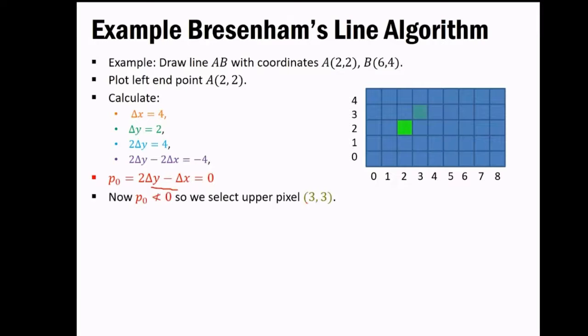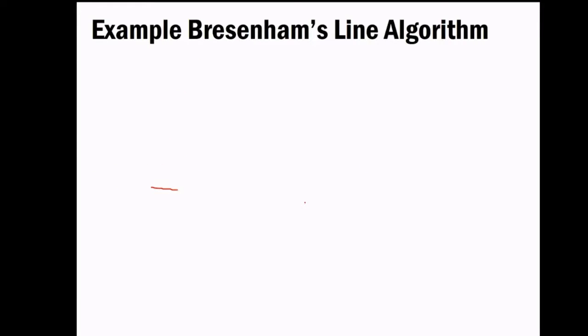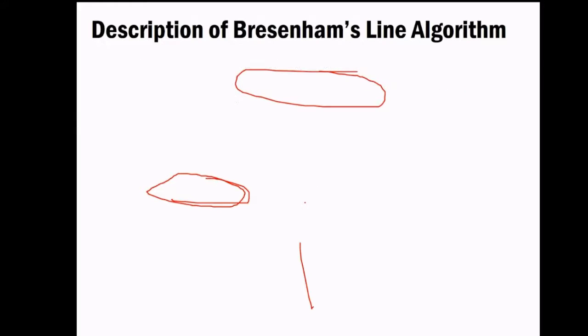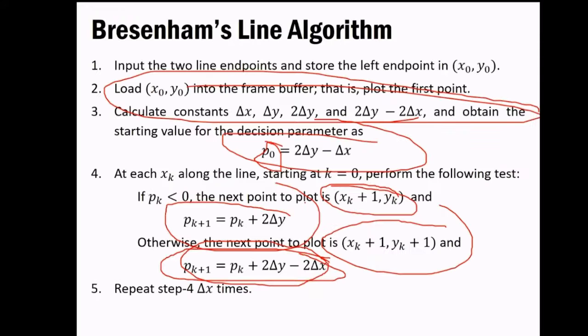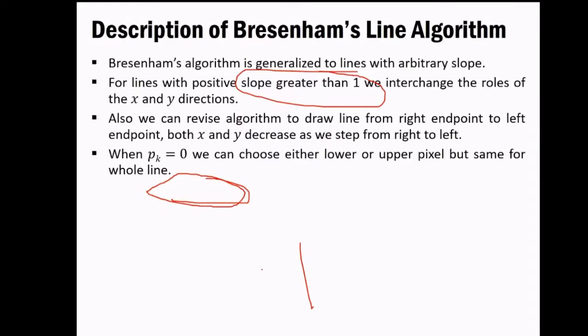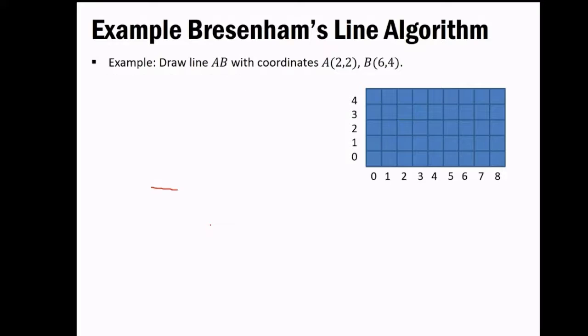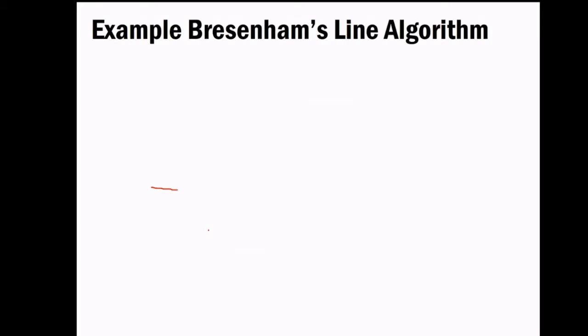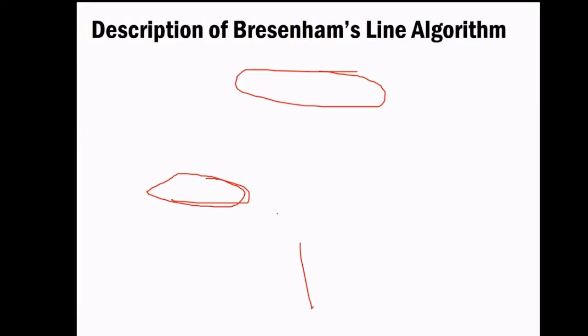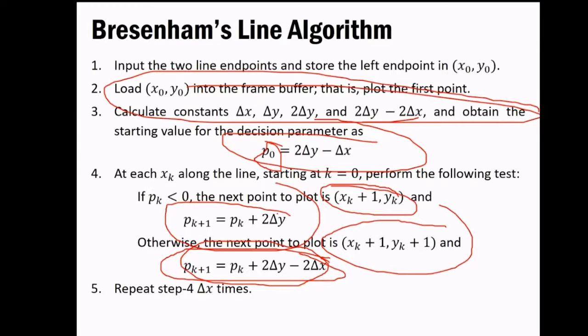Upper pixel means that we have to increment both of these, that is xk plus 1, yk plus 1, and we have to choose the new decision parameter. After doing this, we'll get the new decision parameter, that is p0 plus 2 delta y minus 2 delta x. We have to use this decision parameter from our algorithm itself.